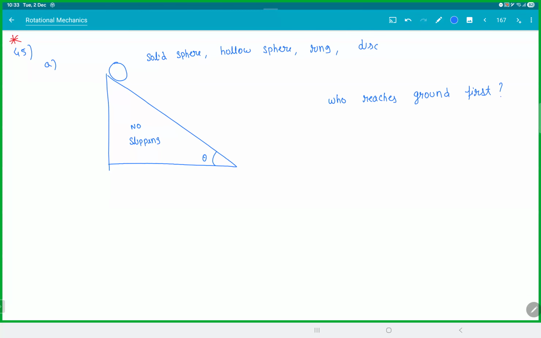How to do this? You know the result already now. This is an actual mains question. Who reaches ground first and who reaches ground with more speed, something like that. There are questions.